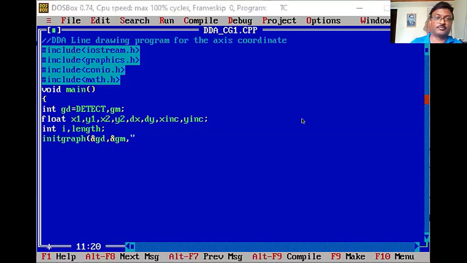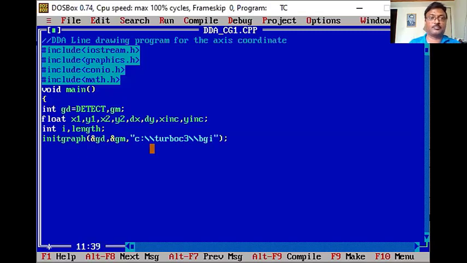C colon, here in C colon, turbo C3, BGI. BGI stands for Borland Graphics Interface. Now, this is my graphics initializer.